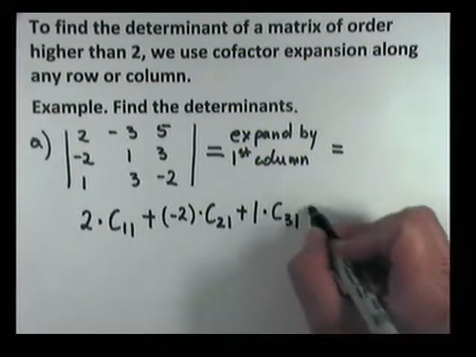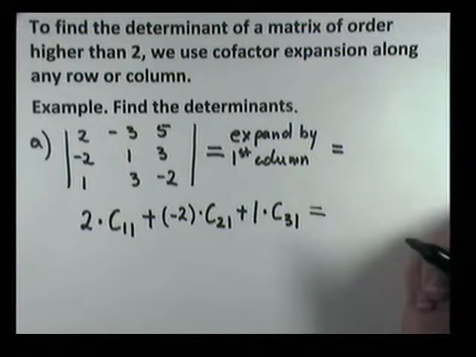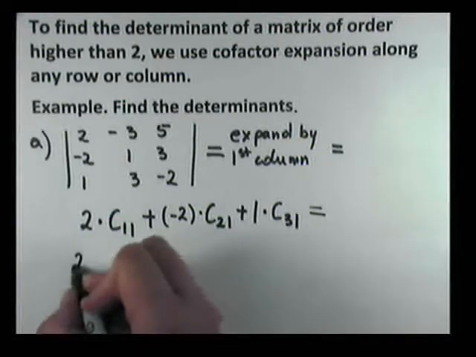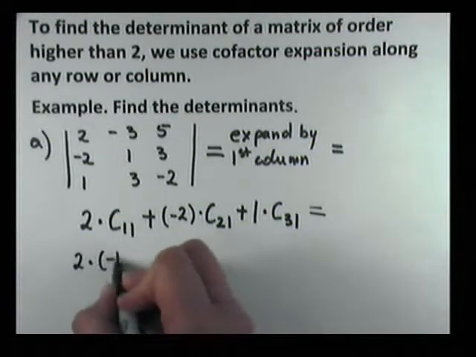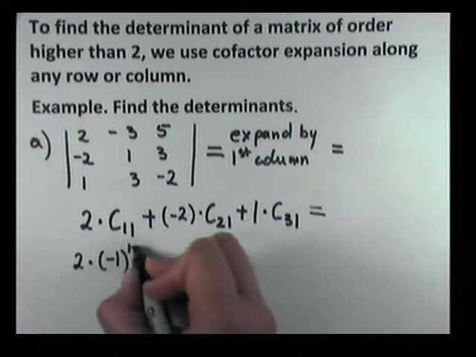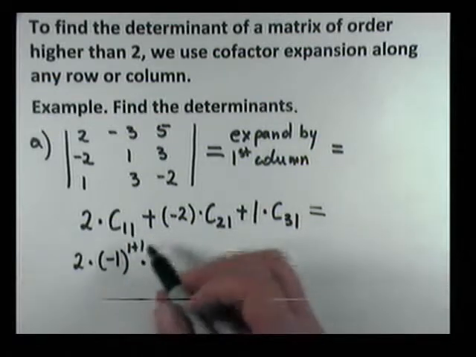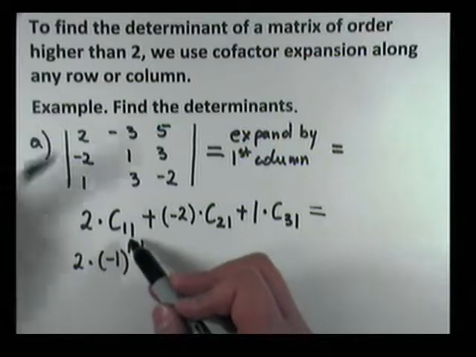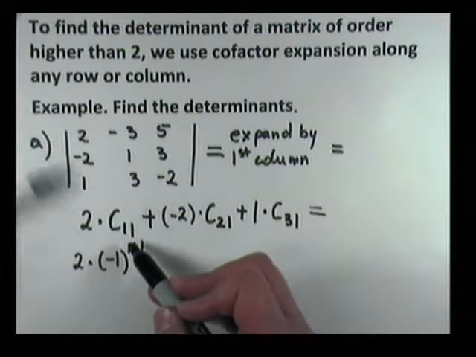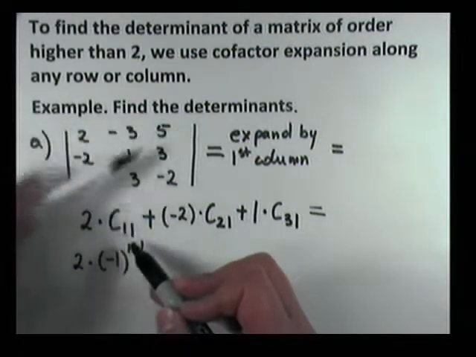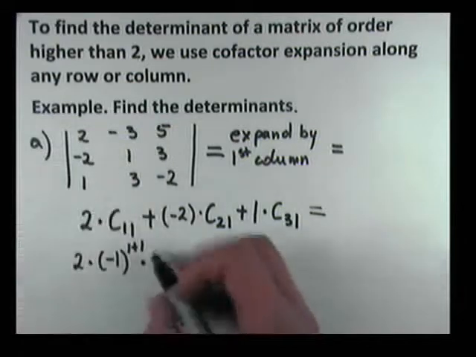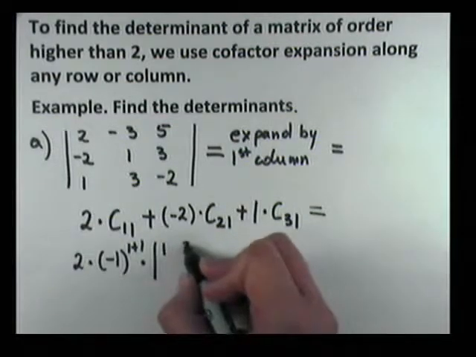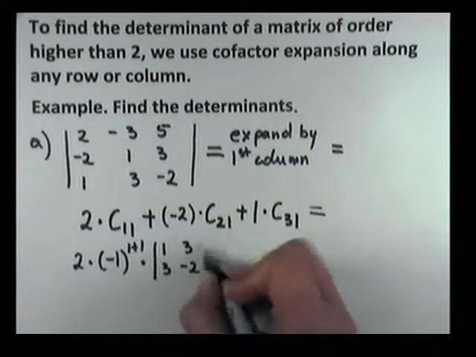Okay? Now be careful. Now we need to work this out. So what we have? Number 2 times the cofactor, which is minus 1 to the power 1 plus 1 times the minor. Minor of 1, 1: delete the first row and first column, and what is left is your minor. So your minor is 1, 3, 3, minus 2.